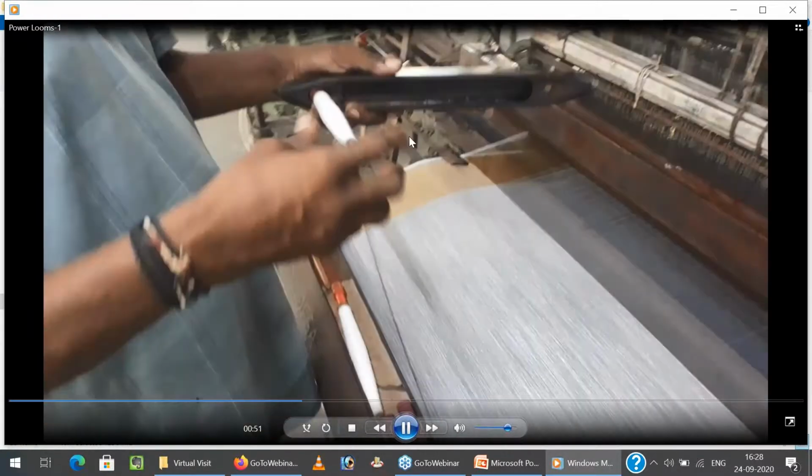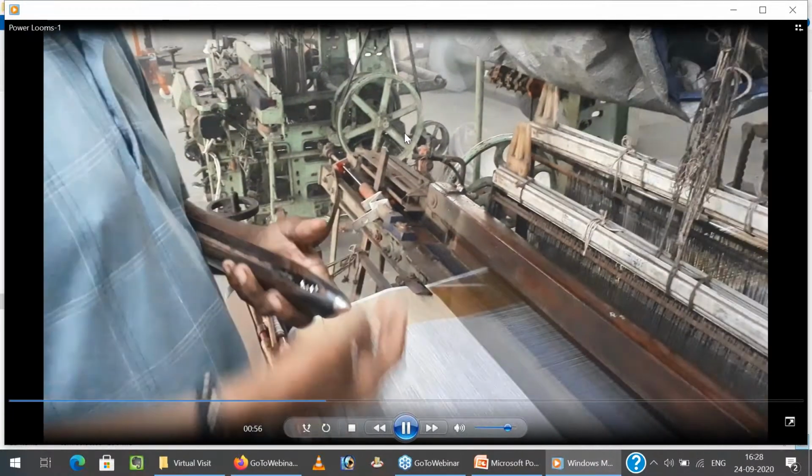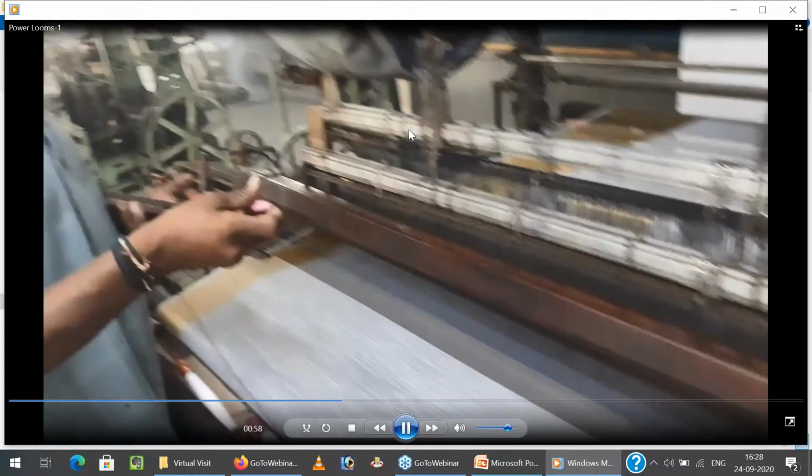So this is the front side. This is the shuttle where the weft yarn, meaning the transverse yarn, is wound.